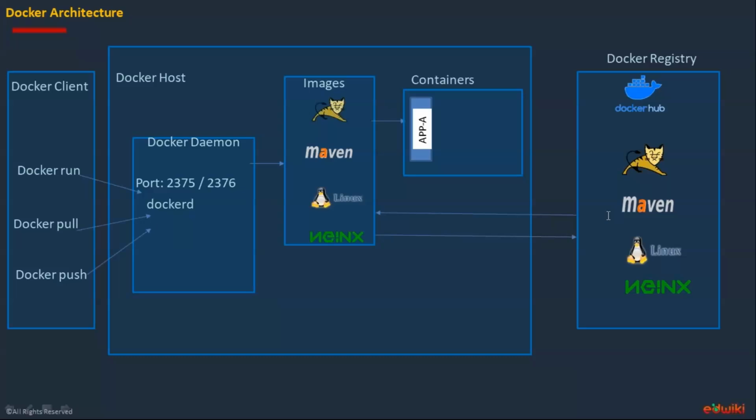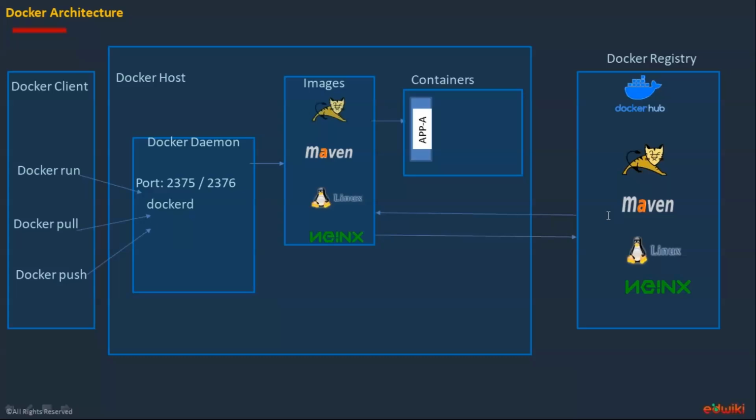So now a question for you. Since now we know that if a container has to be in a running state, the application must be running inside it, now the question for you: if I take a Linux image from my Docker Hub registry, maybe an Ubuntu, or I will take an Amazon Linux image from my Docker Hub registry, that Amazon Linux image will contain only the minimal OS.